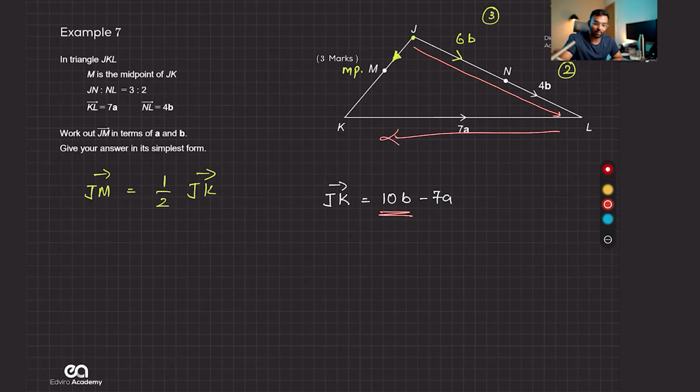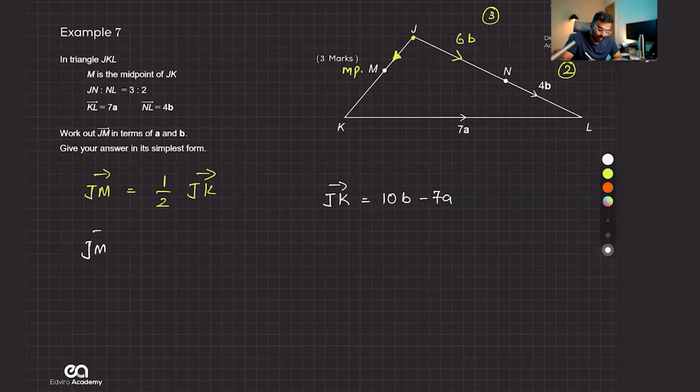And then you went backwards, which is minus 7A. Add them all together, you got JK. So JM is simply, you can just write it like this, 10B minus 7A, and you're done. This is just 3 marks. Lakshita, yeah. Yes.